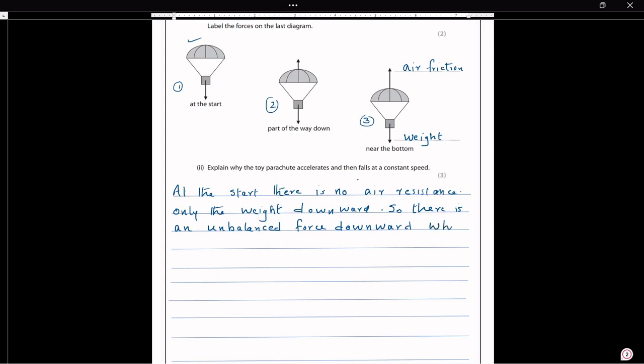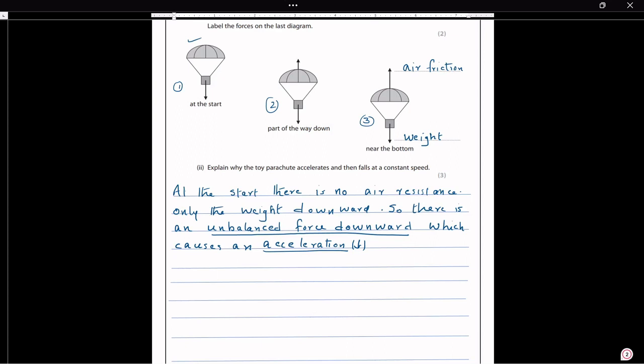There is an unbalanced force downward which causes an acceleration. So the acceleration is downward acceleration. Okay. Now after that, as it passes through the air, the speed is increasing.